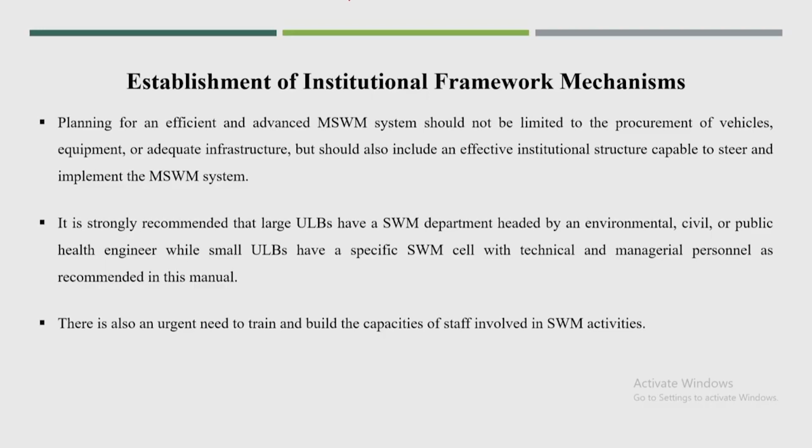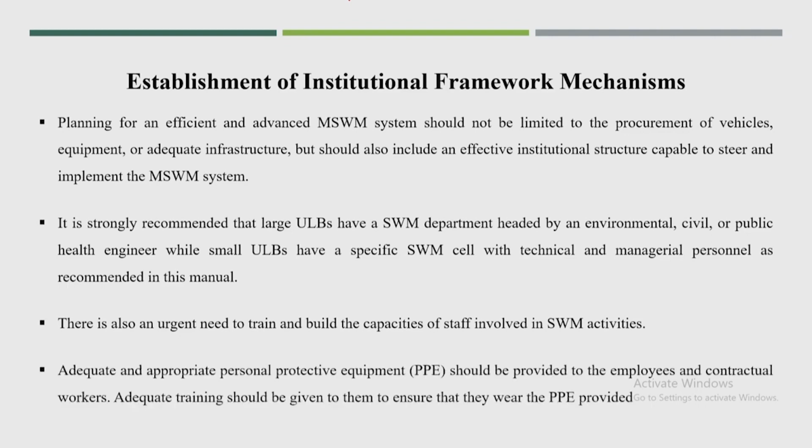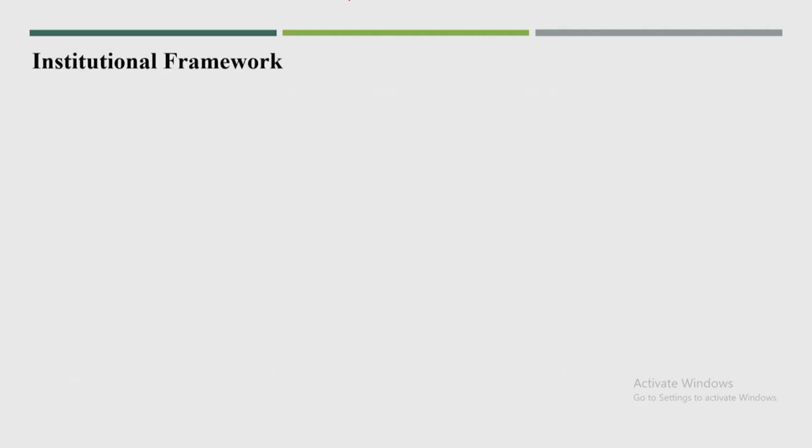It is strongly recommended that large ULBs have a SWM department headed by an environmental, civil or public health engineer, while small ULBs have a specific SWM cell with technical and management persons, as recommended in this manual. There is also an urgent need to train and build the capacities of staff involved in SWM activity, and adequate and appropriate personal protective equipment should be provided to all employees or workers.